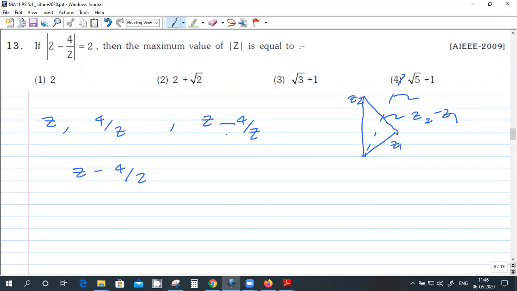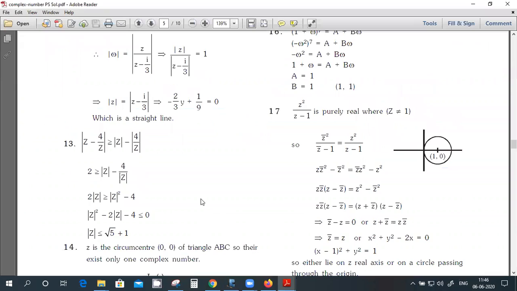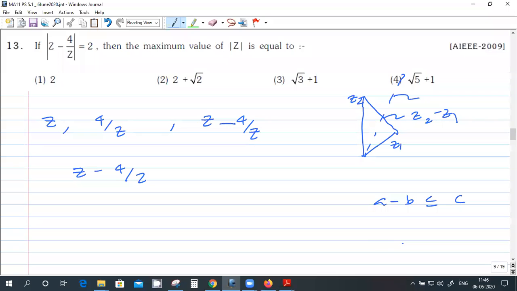So in a triangle, the difference between two sides, a minus b, is less than or equal to c. Three sides of a triangle. Okay, this is the triangle property, triangle inequality. So we can use that here.